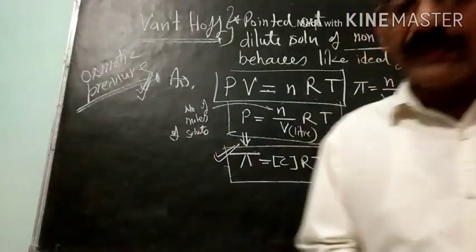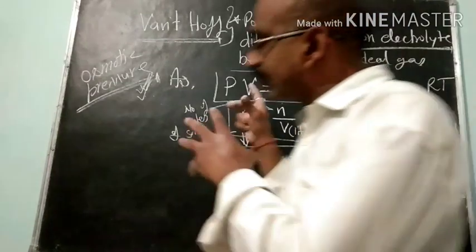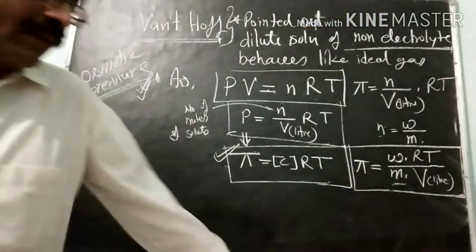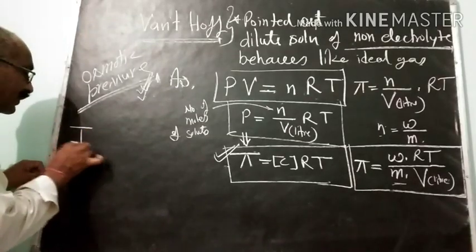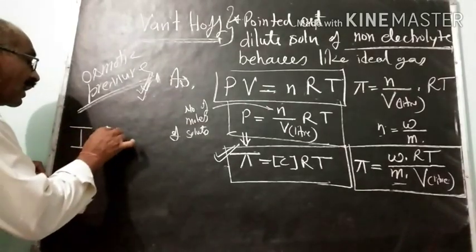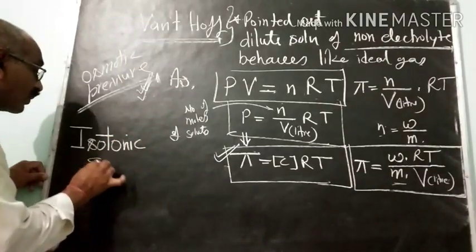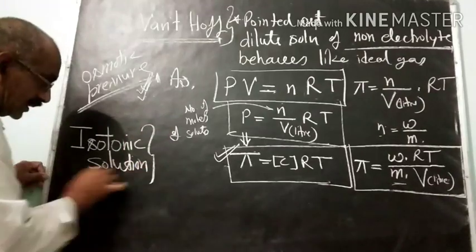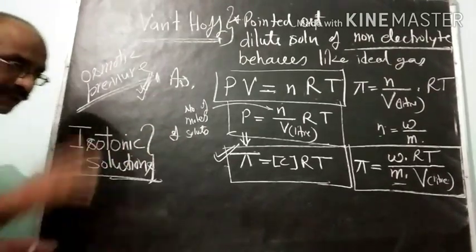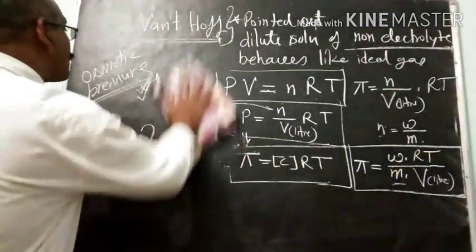Now we'll solve one or two numericals based on it. But before that, one term I would like to discuss: isotonic solutions. What are isotonic solutions?